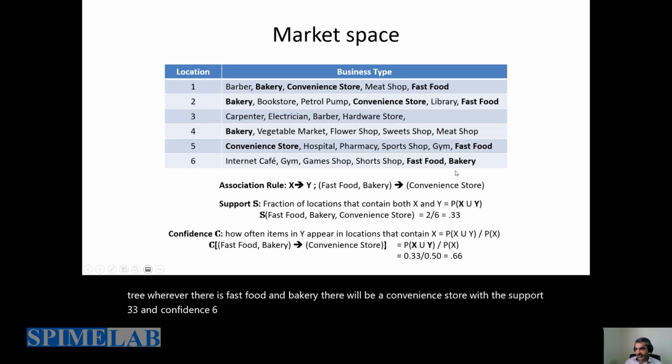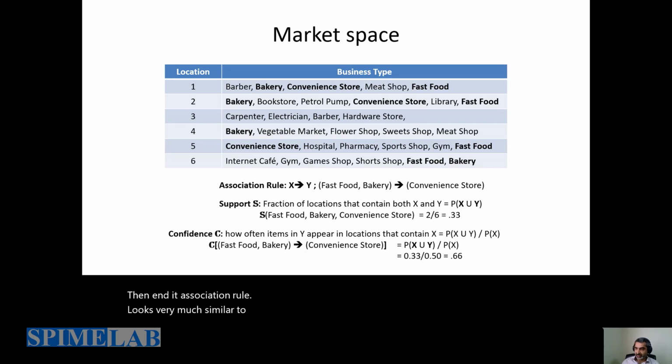If the consequent is just one item, then an association rule looks very much similar to a decision tree, but we induce decision tree with a different algorithm than what we have for discovering association rules.